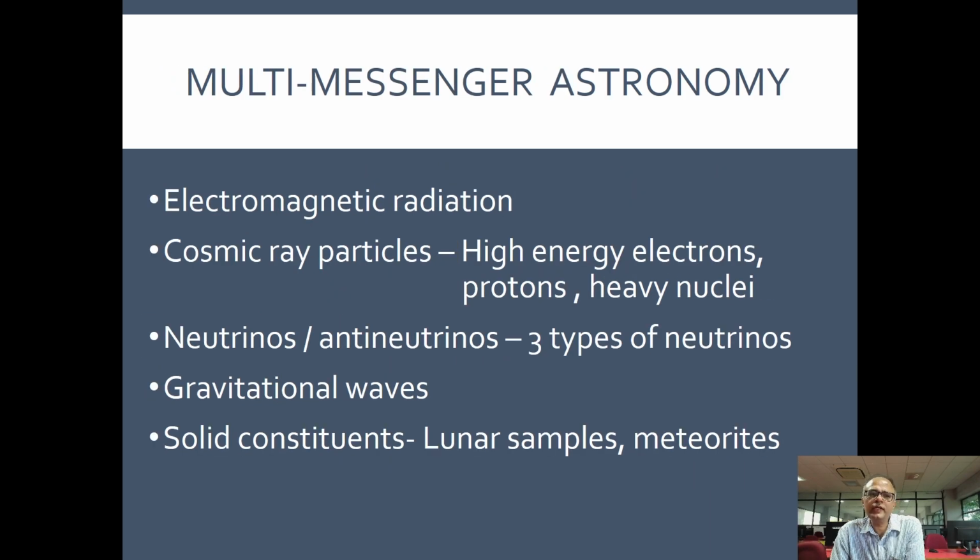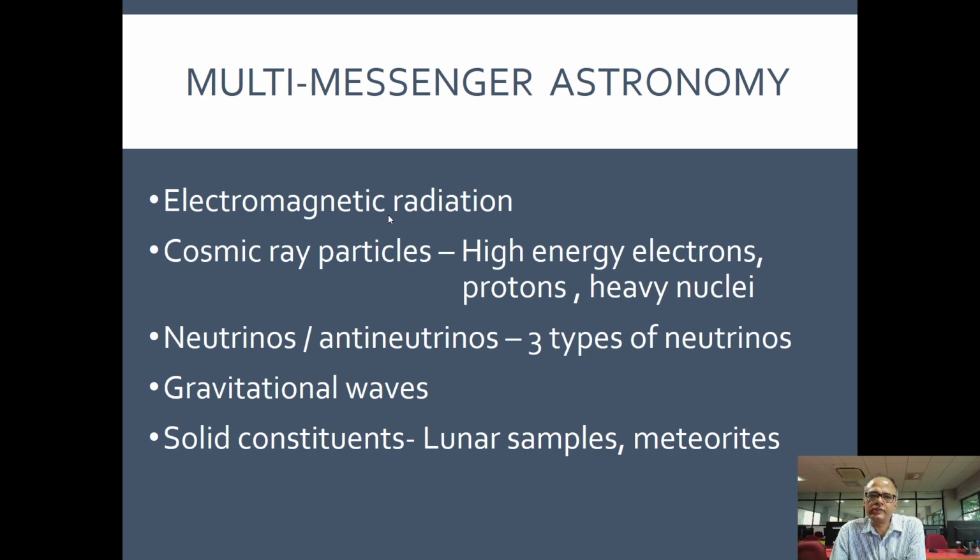Nowadays, we call astronomy multi-messenger astronomy because there are different ways in which we can explore astronomy. The first one is we can use electromagnetic radiation. Mostly it is in radio and optical, which are based on the Earth. For other windows of the electromagnetic spectrum, we have to go above the Earth's atmosphere.